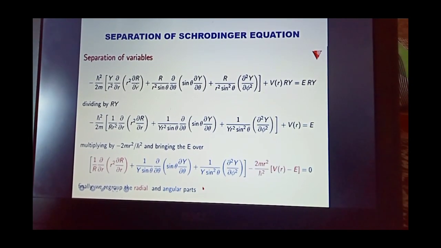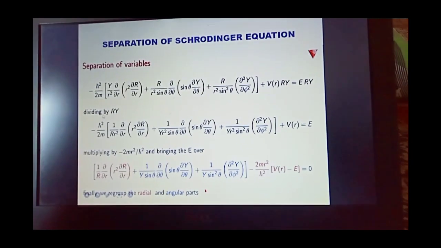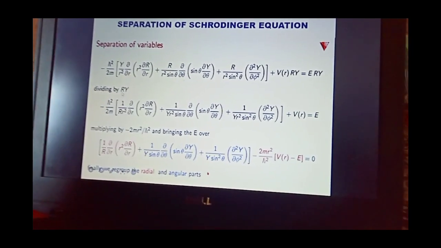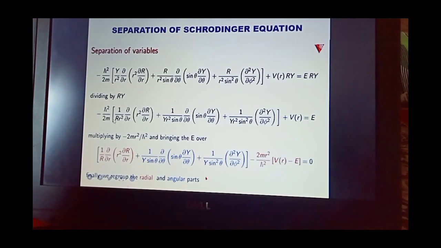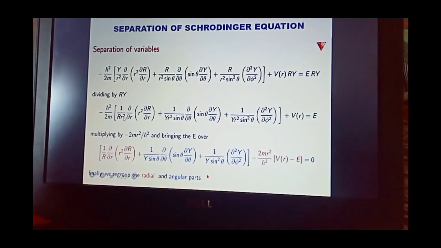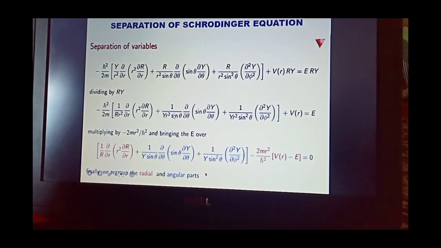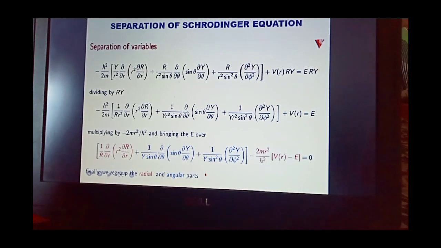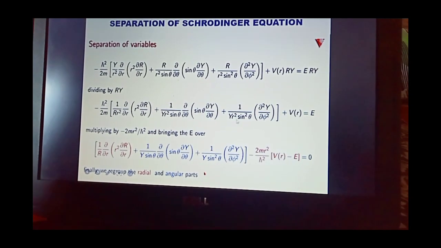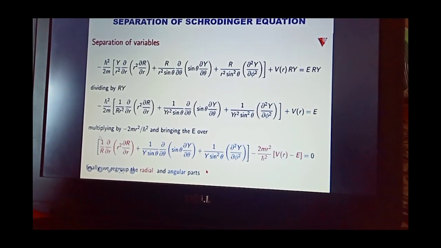Here this is our previous equation, which we divide by RY, the radial and angular coordinates. Minus ħ² by 2m into 1 by R ∂/∂r of (r² ∂R/∂r) plus 1 by Y r² sin θ ∂/∂θ of (sin θ ∂Y/∂θ) plus 1 by Y r² sin²θ ∂²Y/∂φ² plus V(r) is equal to E.